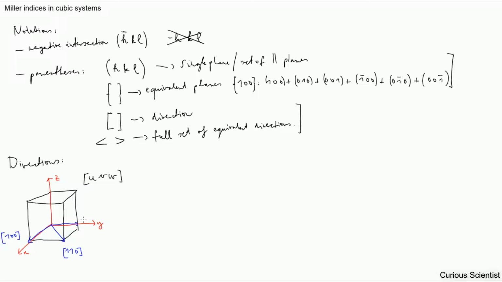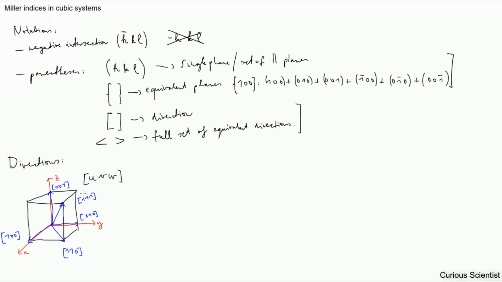Let's say this. So here we have 0 1 0 direction. We can come to this direction. This is 0 0 1, and then let's come from here to the corner, and this is of course the well-known 1 1 1 direction.